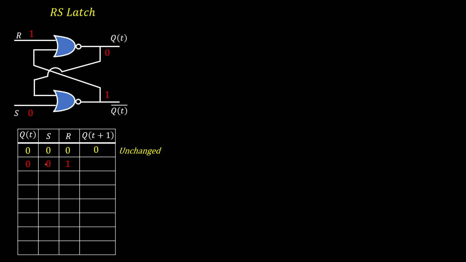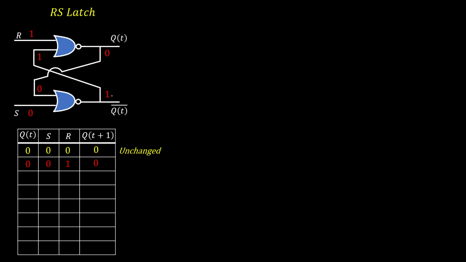QT is 0, S is 0 and R is 1. R is 1, S is 0, QT is 0 and complement of QT is 1. Now QT and QT bar will go to the input. Now for the first NOR gate, both the inputs are high, so output is 0, and for the second NOR gate, both the inputs are low, so output is high.